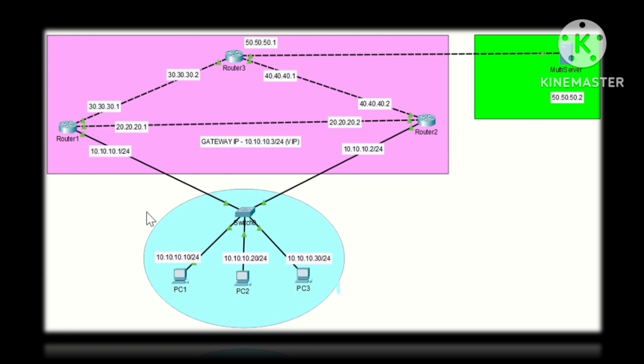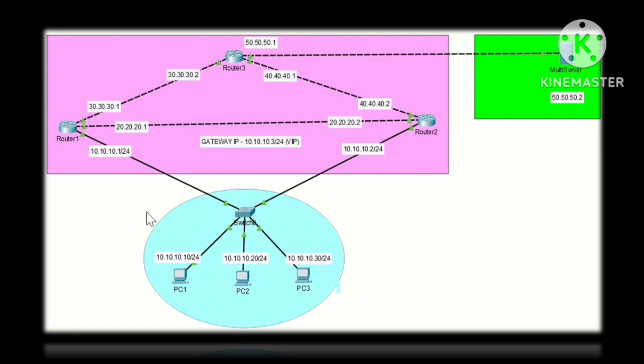So if any of the end systems below wants to reach the multi-server, it will use this 10.10.10.3 virtual IP address as its gateway. As long as HSRP is enabled and we have configured this virtual IP address, this is how the end system will reach the multi-server, with the virtual IP address acting as a gateway.